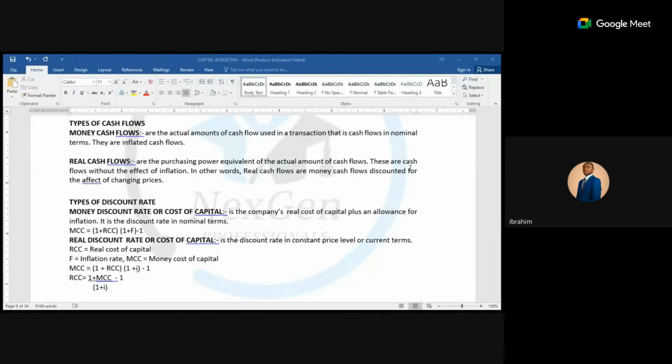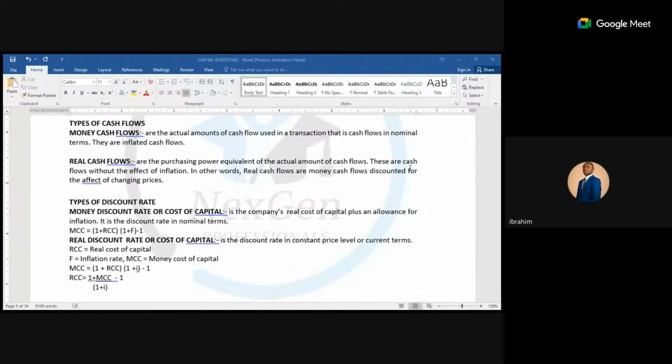Then, real cash flow means that if I pay you a salary of 20,000, it is real. It is not nominal. When you factor in inflation of 21.6%, you will know that in money terms your salary is like 15,000 or 14,000 naira.